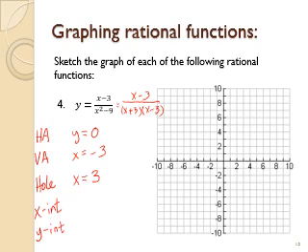Okay, my x-intercept. Now this is a little tricky. The x-intercept is where your y-coordinate equals 0. And for the y-coordinate to equal 0, the top would have to equal 0. Well, that would appear to be 3. 3 should be the x-intercept.